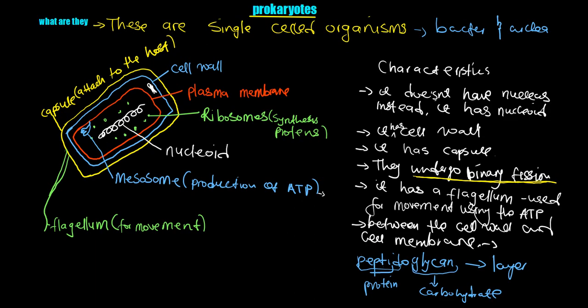Some bacteria can be gram positive or gram negative. Gram staining is a procedure used to check which bacteria we are dealing with. Let me go on to the next page.